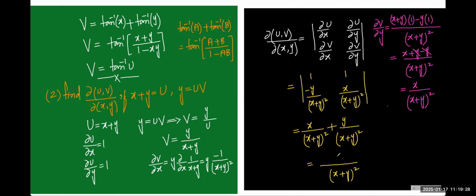Numerator is x plus y only. One term cancels from the square, giving 1 by x plus y. This is equal to 1 by u, as we already know that x plus y value is u. So the final answer is 1 by u.